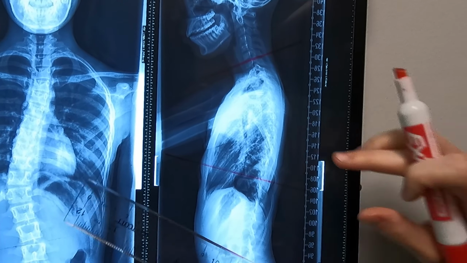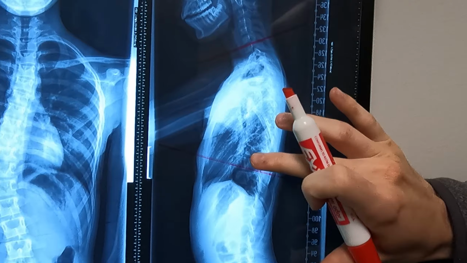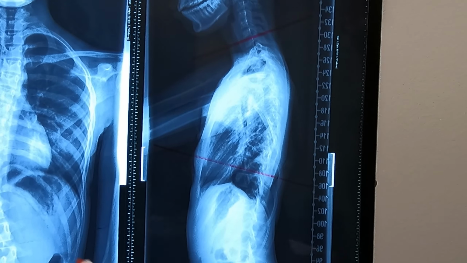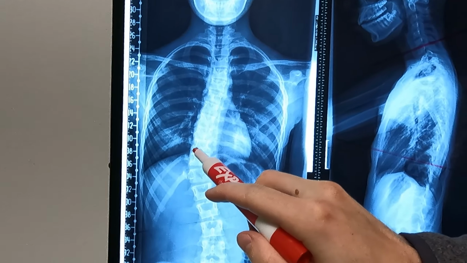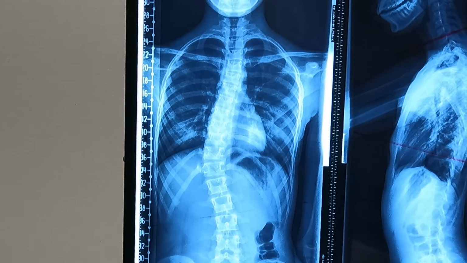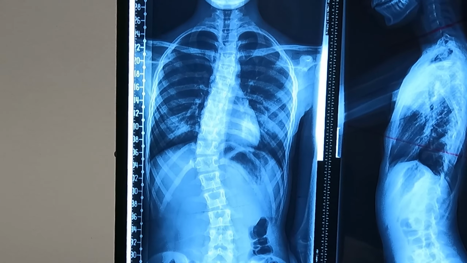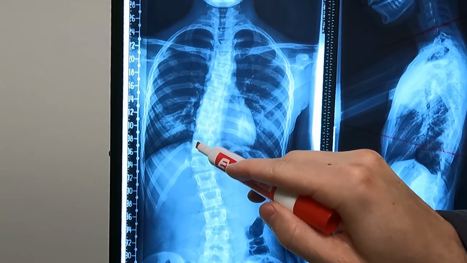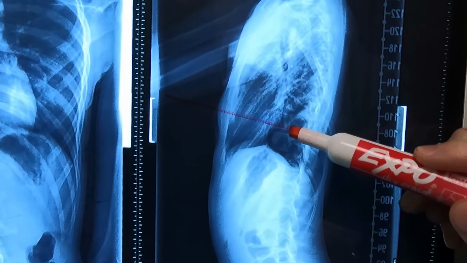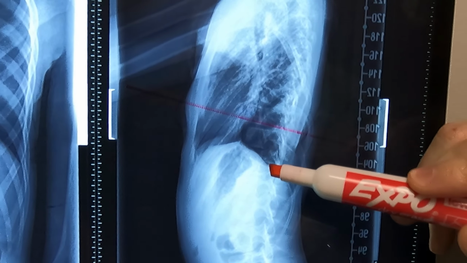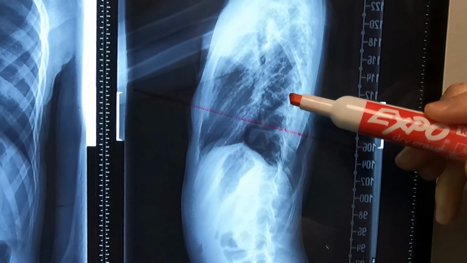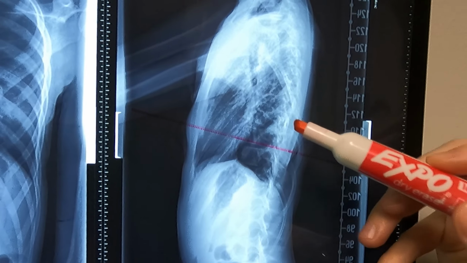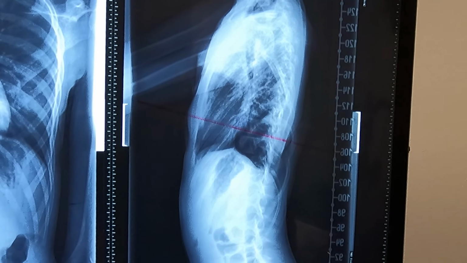We would need to measure that loss of kyphosis right here, and that is caused by the relative anterior spinal overgrowth, which usually corresponds to the apex of whatever curve is occurring in the thoracic or lumbar spine. So right around T12, T11, this was the bottom of T11, I would say. I didn't actually count it, but thereabouts. And so right around the apex of that curve is where that starts to go a little bit awry and we lose a little bit of that kyphosis.